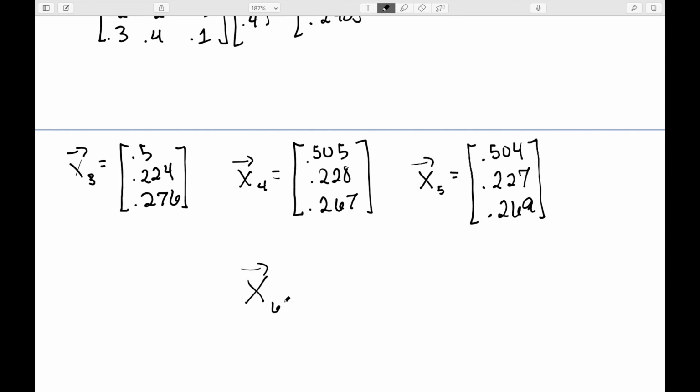And then x6 is approximately 0.504, 0.227, and 0.269.